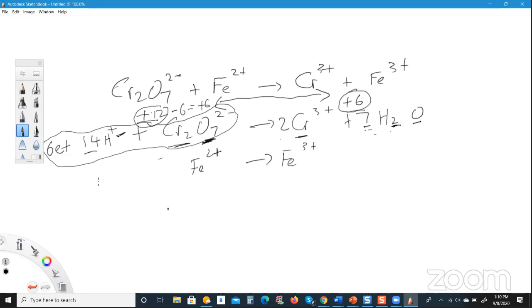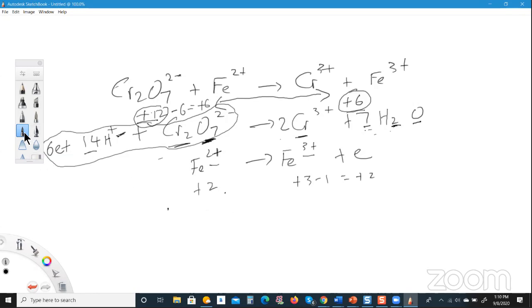Now, in the case of the second half equation, it's actually very simple because we only have a plus 2 charge here, we have a plus 3 charge here, which means that we simply add a negative charge here, or an electron, to reduce the total charge from plus 3 to plus 2, which balances with the plus 2 on this side. So that's basically how we balance the charges.